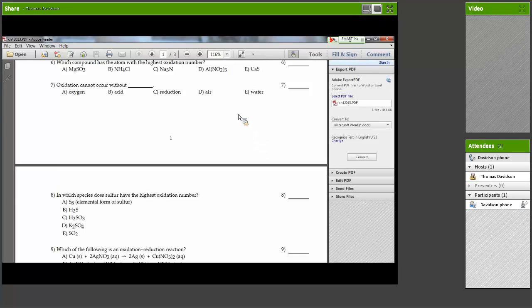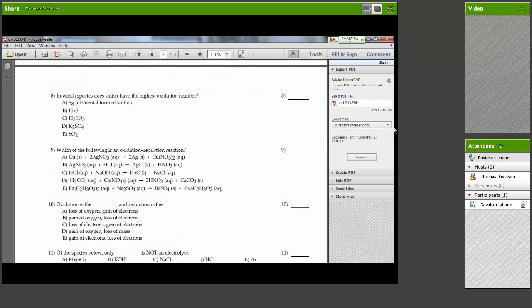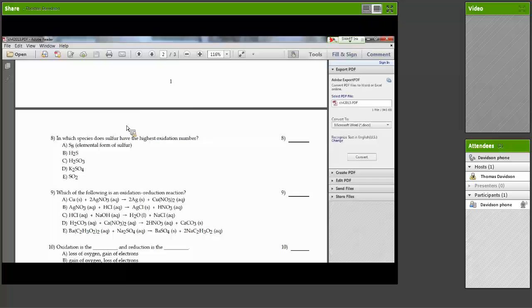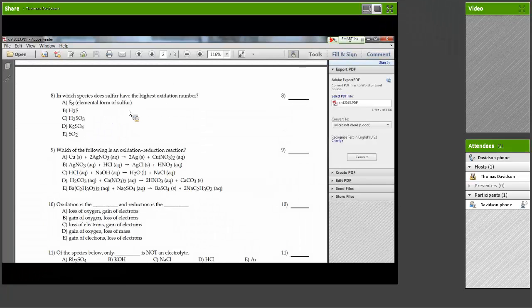All right, then oxidation cannot occur without the other half. That one should be 100% of you. There's a couple questions like this, so make sure that you're okay with oxidation numbers. In which species does sulfur have the highest oxidation number?